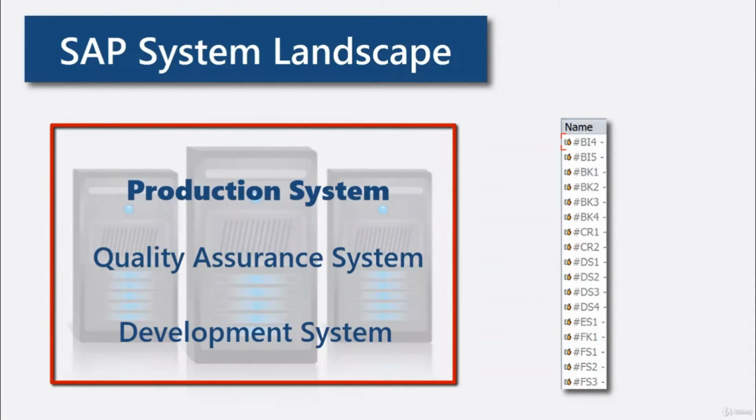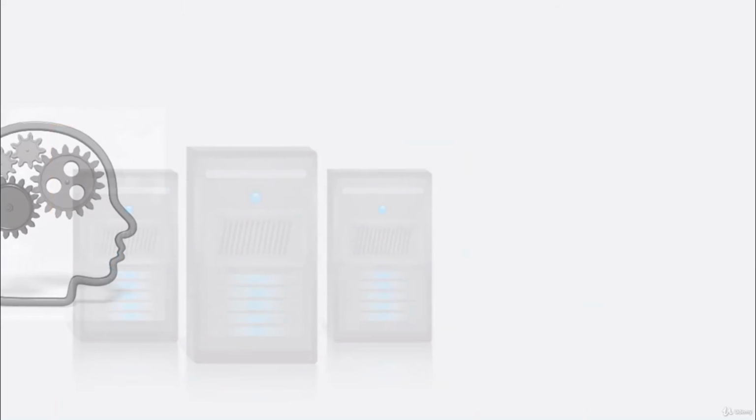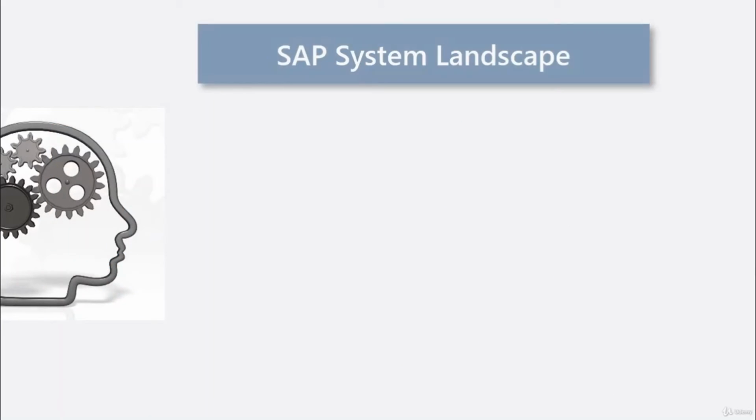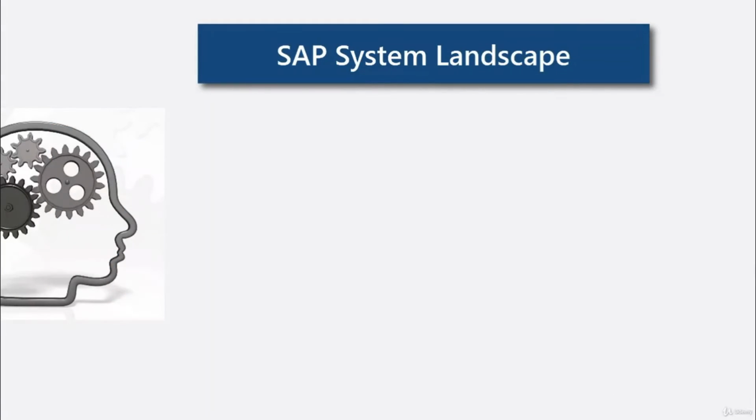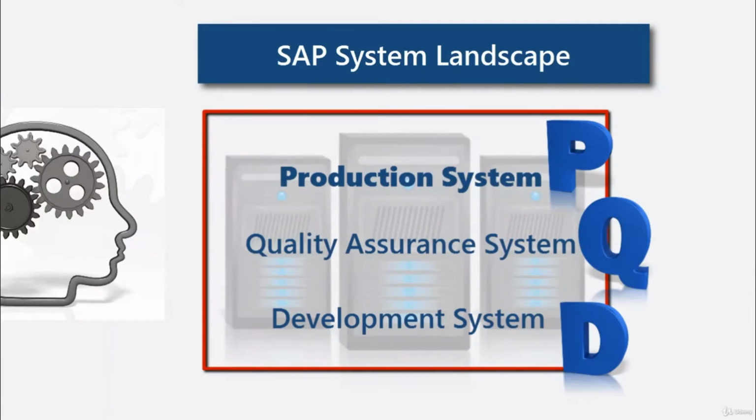For example, P is a production system, Q a quality assurance system, and D a development system. In short, an SAP System Landscape is comprised of three separate and independent SAP systems, one for development, one for quality assurance, and one for production.